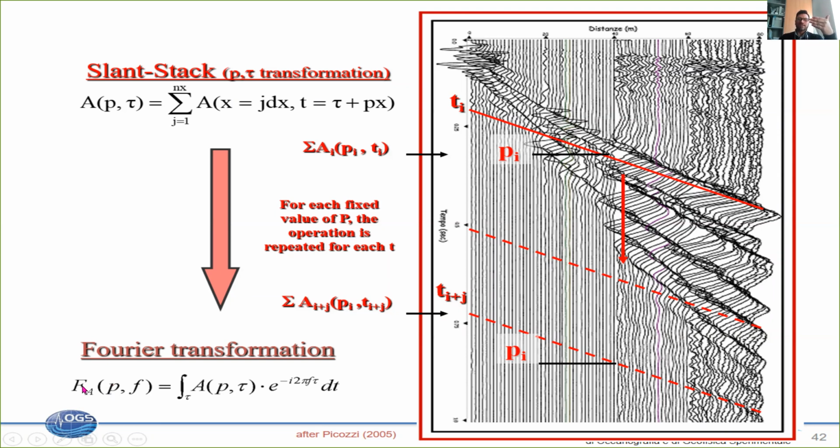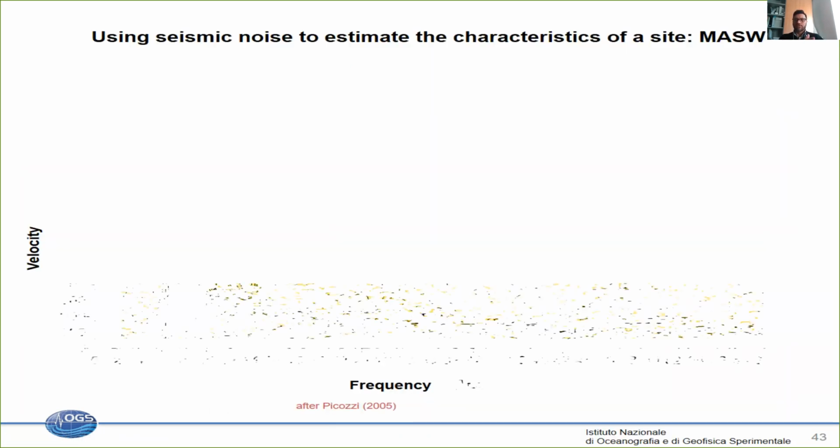So it will show the amplitude for each value of frequency that I choose and for each value of velocity. Where this value has a maximum, it means that I was summing the seismograms for the correct slope.